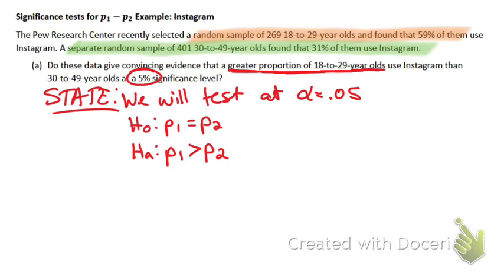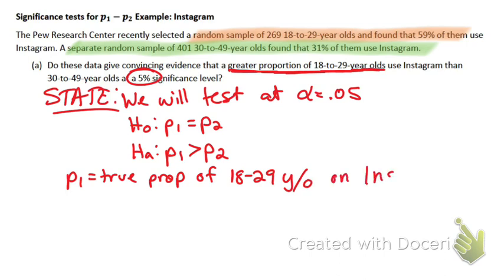Now, that is only going to be true if I define P1 as the 18 to 29-year-old group. So we're going to say P1 is the true proportion of 18 to 29-year-olds on Insta. Why are we defining P1 and not just P?